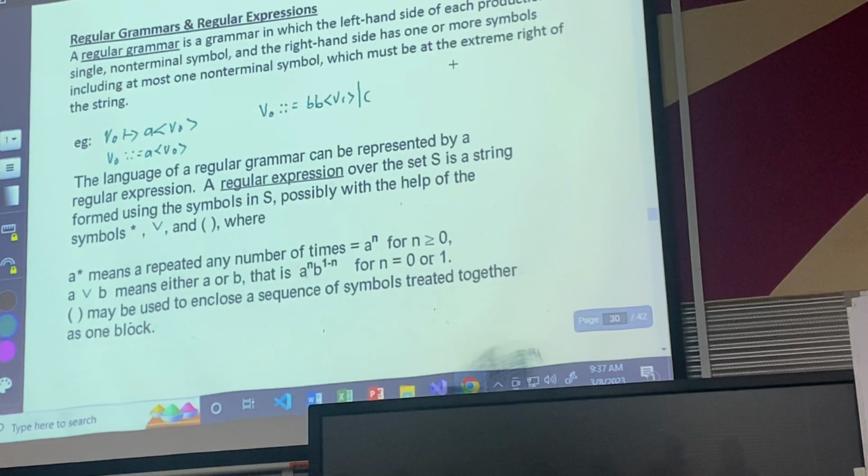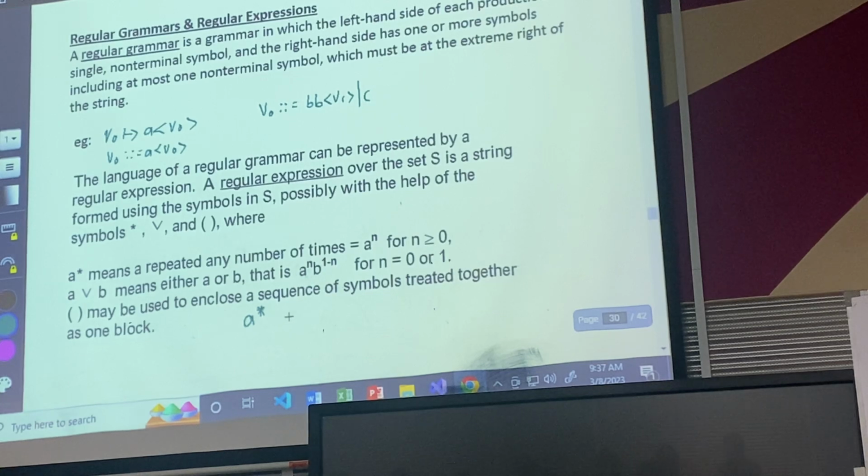So as before, when we have the loop, we can repeat many number of times. So you can write the loop as A asterisk, that means this is repeated n times, until infinity, or you can write it as A power n, and the n you need to define as more than or equal to 0.